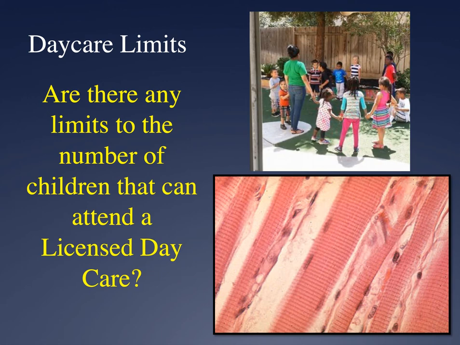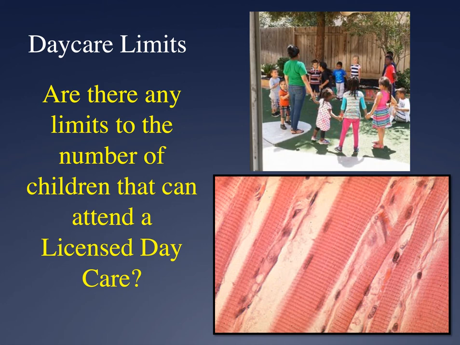Well, how is it that they can be big? How could you have a daycare with a lot of kids? The answer is you'd have to have a lot of adults. When we take a look at skeletal muscle in our body, they have a lot of nuclei.